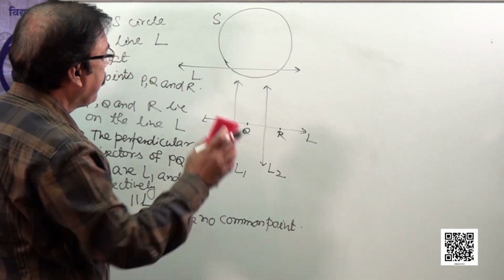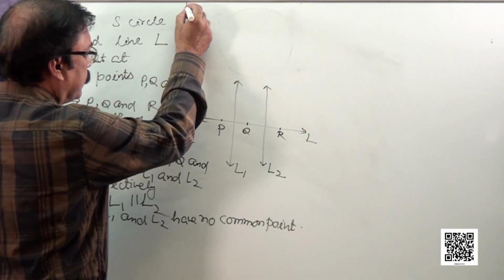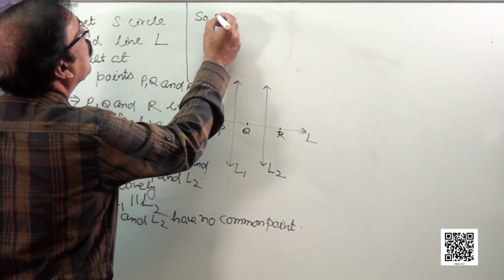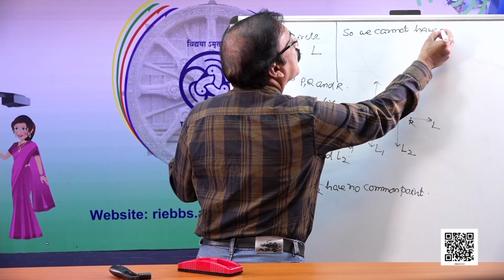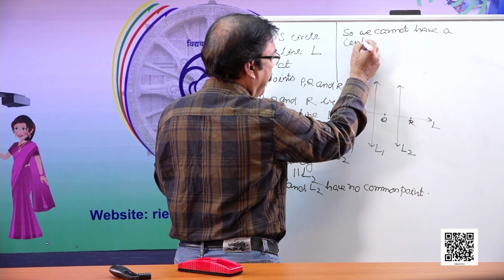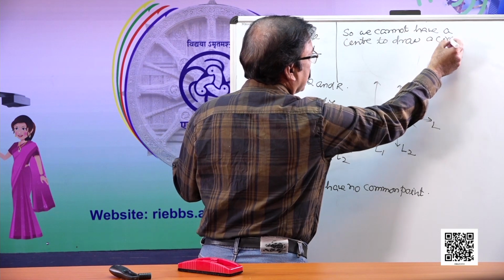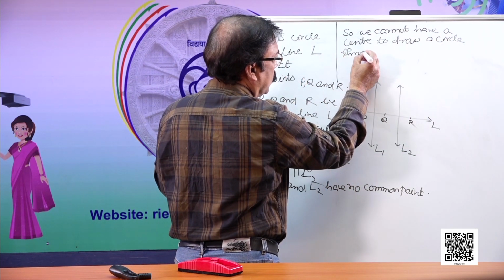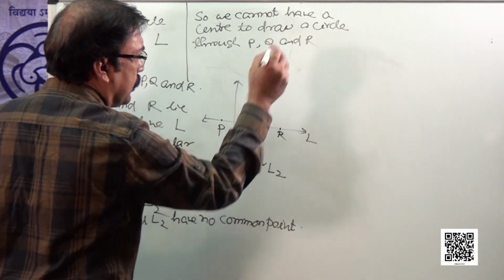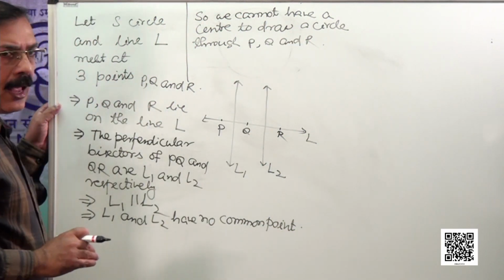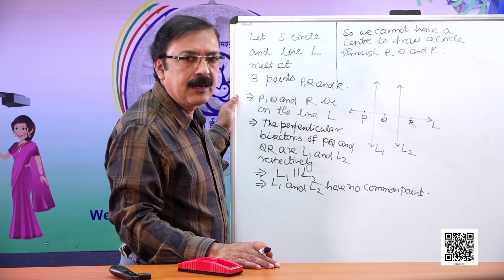So we cannot have a center to draw a circle through P, Q and R. But it is stated that they have 3 intersecting points of the circle and the line.